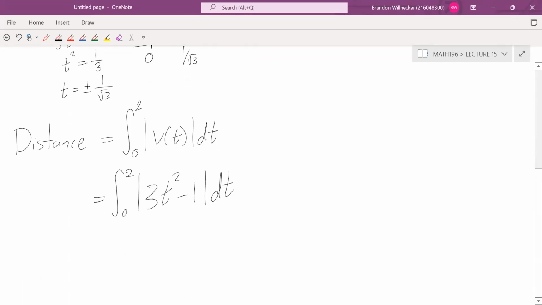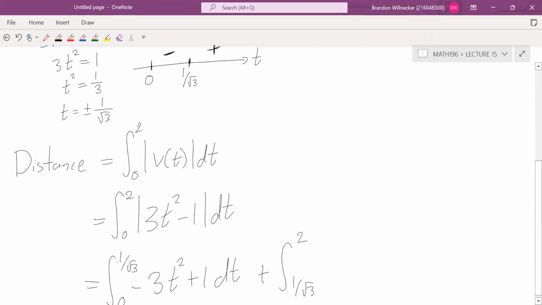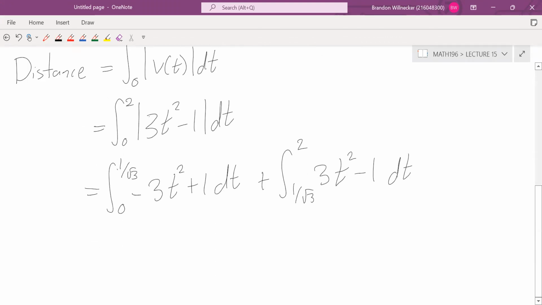Okay, so the first part is going to be the integral from 0 to 1 over root 3 of minus 3t squared plus 1 dt. And then the second part is from 1 over root 3 up to 2. And that's the second bit here, 3t squared minus 1 dt. Okay, so that's the 2 intervals for the velocity.